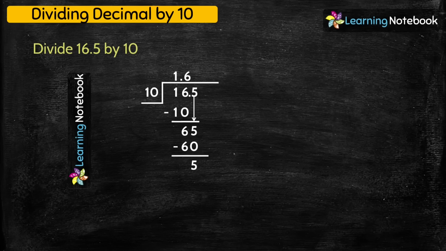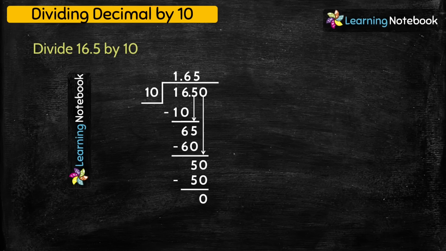Now students, since the remainder is 5, we still need to continue with the division. So let's insert a 0. Copy this 0 and now divide 50 by 10. 10 into 5 equals 50. And 50 minus 50 equals 0.